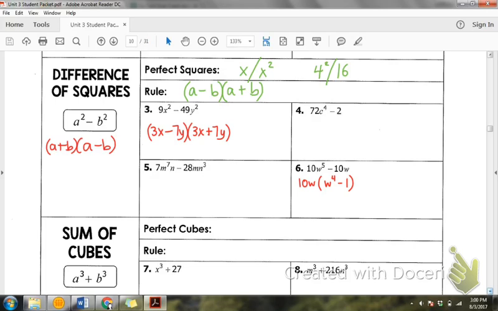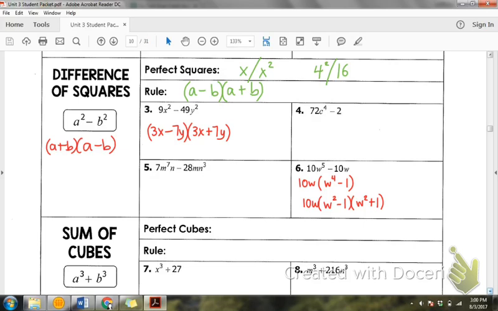What do we have to look for, though? Is this perfect squares now? Yeah. Isn't w to the 4th a perfect square, right? W squared and w squared. And then 1 is a perfect square. So this becomes w squared minus 1 and w squared plus 1. Do we need to, Mitchell? Yes, we do need to pull that 10w down.